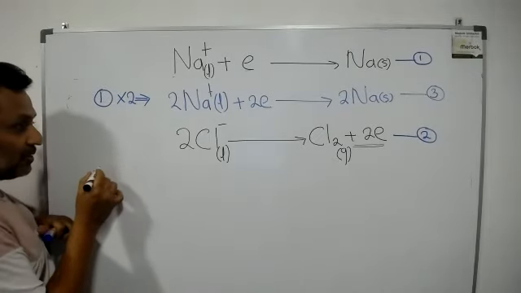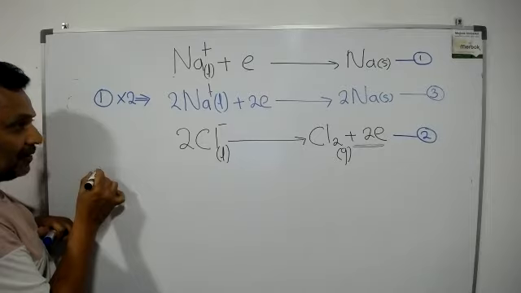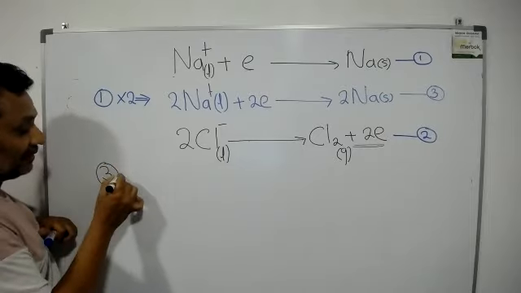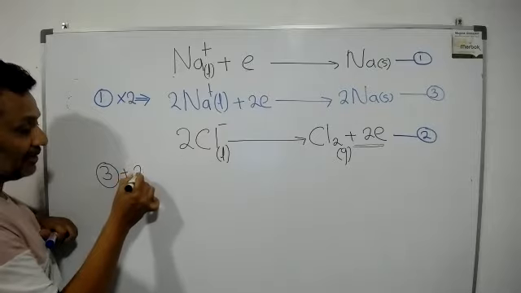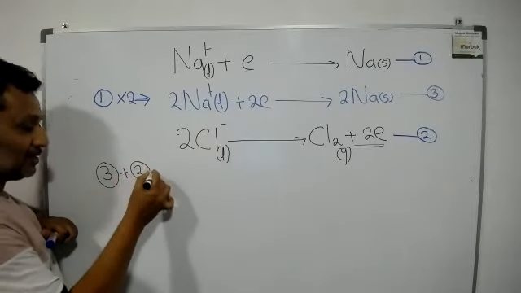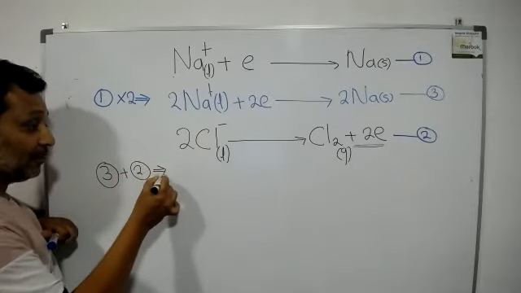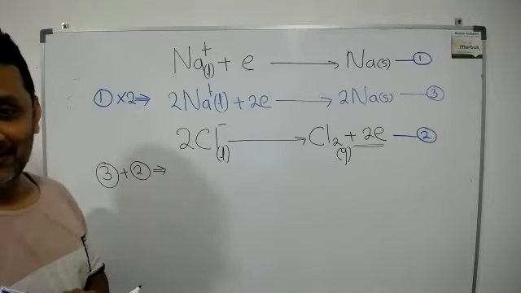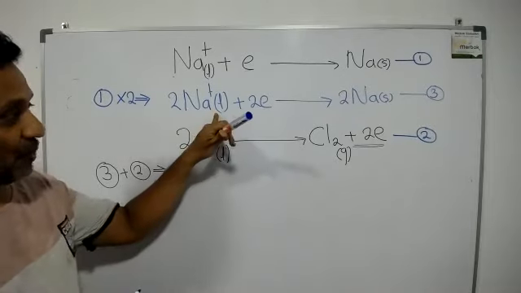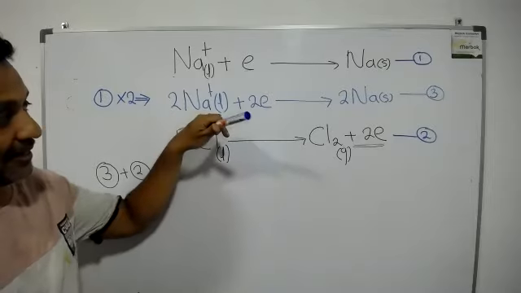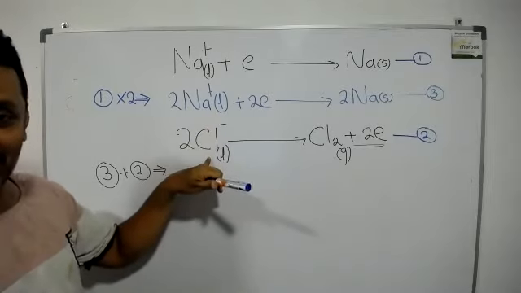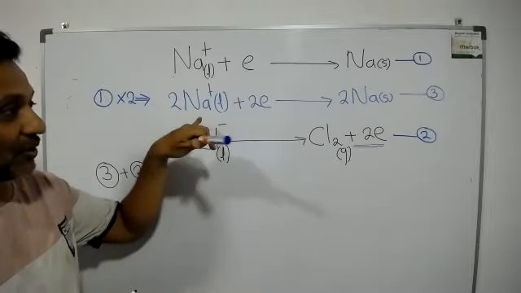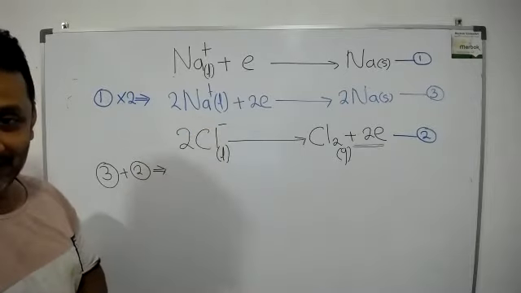After electrons are equal, you need to add the third equation. The equations you can add only when the electrons are equal. So this equation and this equation, electrons are equal. I am adding them only. I am not adding the others.